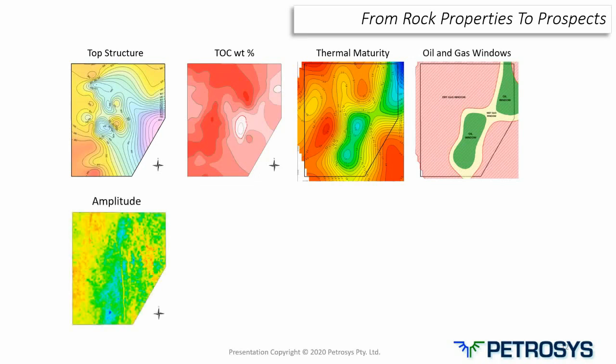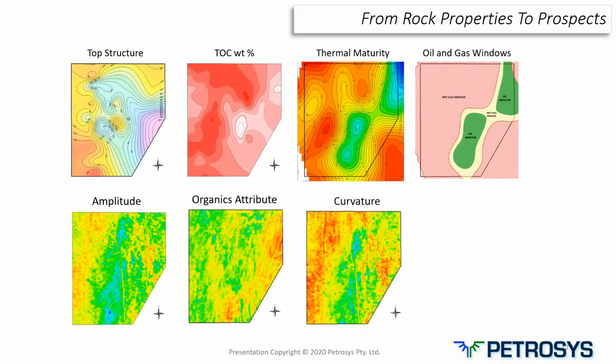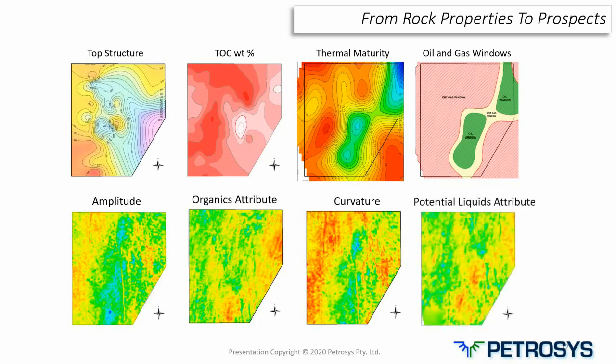And then we have some 3D seismic attributes. So we've got amplitude extraction and organics attribute, a seismic curvature for looking at things like fractures or if there's any erosional features. And then a potential liquids attribute based off the acoustic impedance. I don't know the secret sauce that went into it, but basically it's a look at potential liquids.